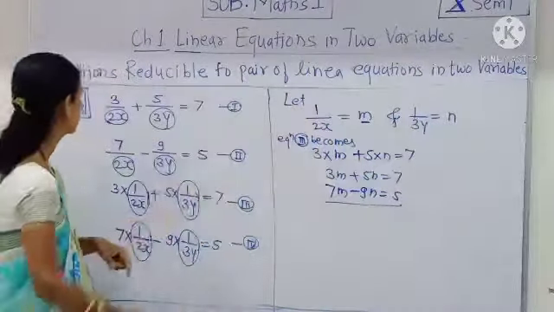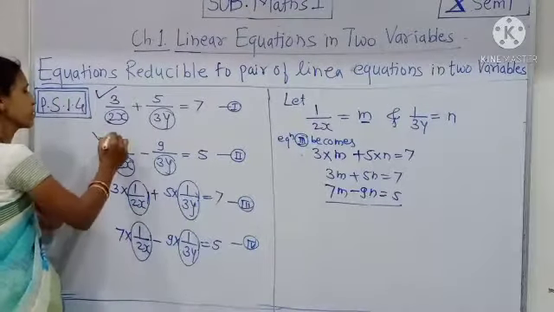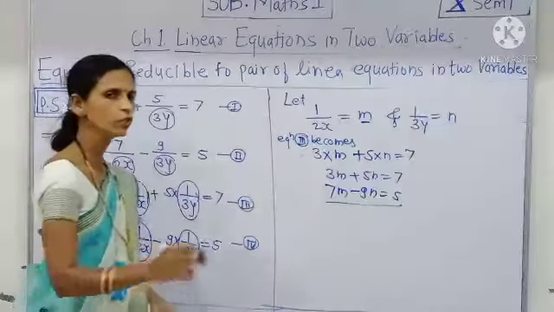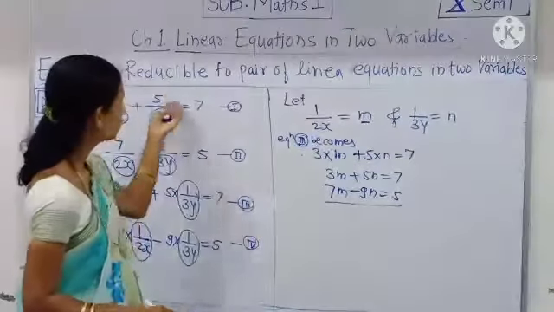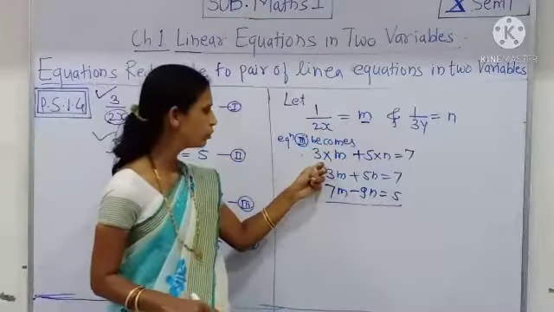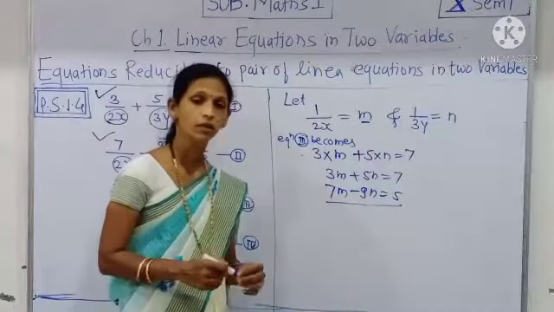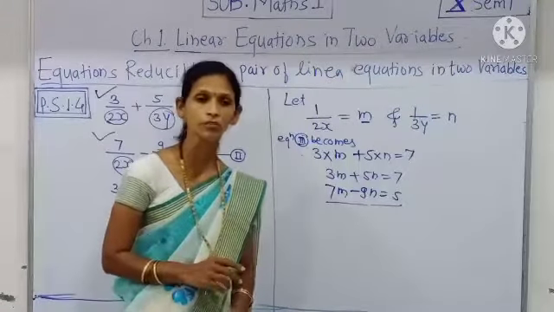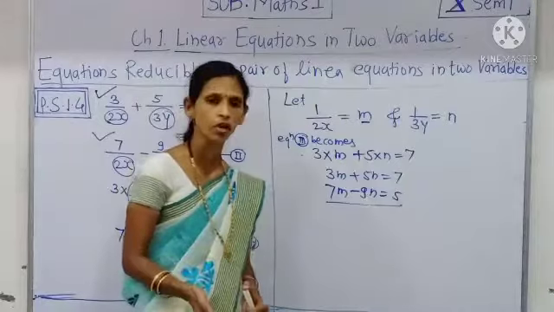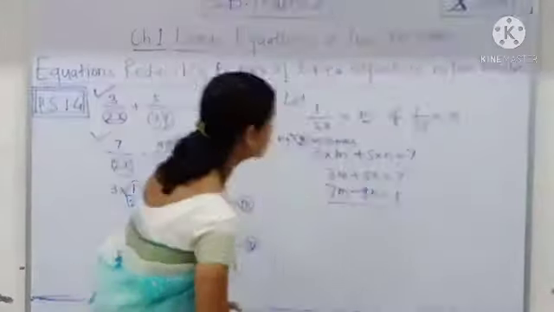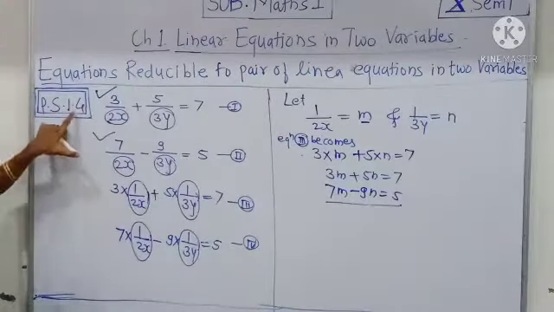So these equations are not linear equations in 2 variables, but they can be reduced to linear equations in 2 variables. The same type of examples we will solve from practice set 1.4.